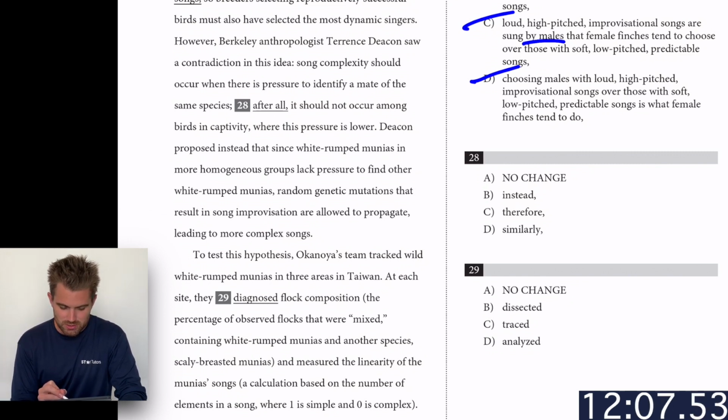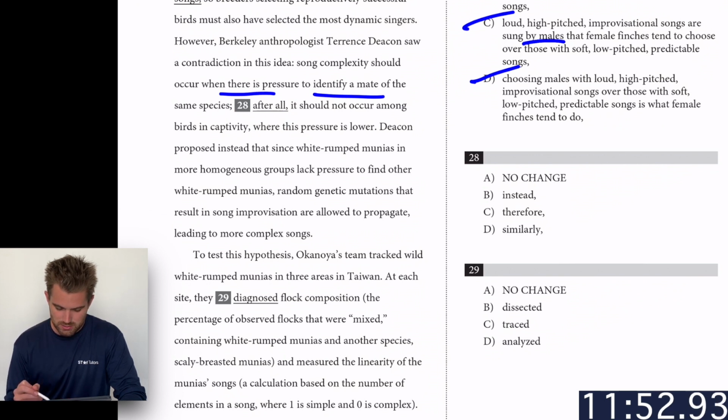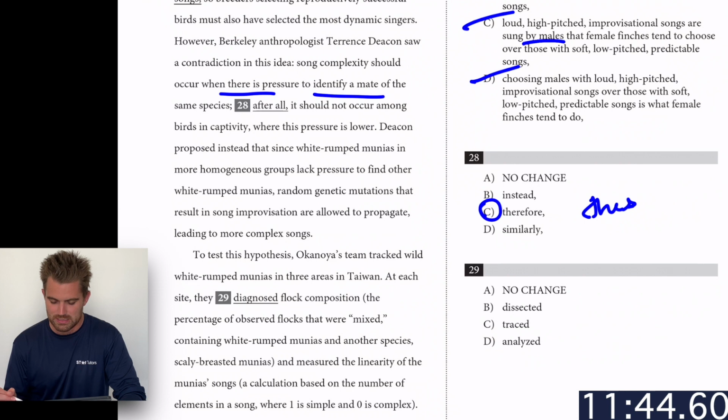He saw a contradiction: song complexity should occur when there is pressure to identify a mate of the same species. Therefore, it should not occur among birds in captivity. So I think this one has to be "therefore." I said "thus" because that sounded right in my head, but it wasn't an answer choice.